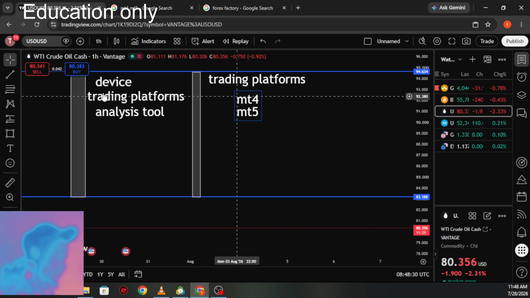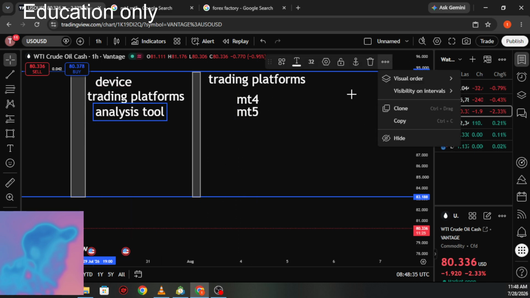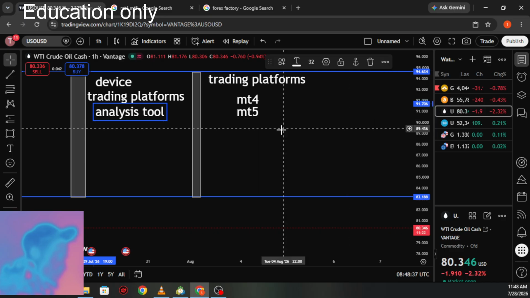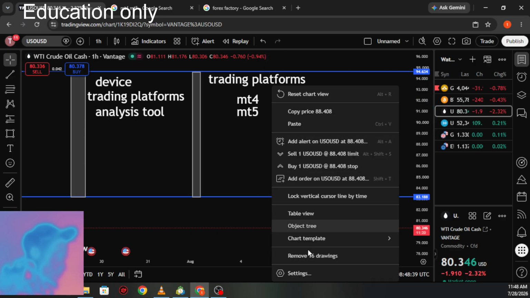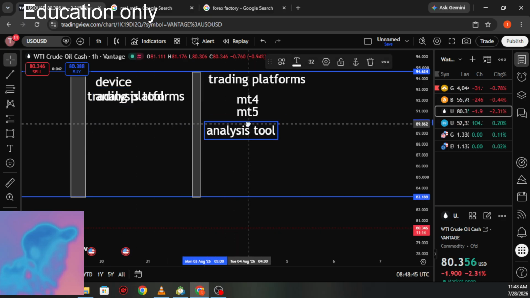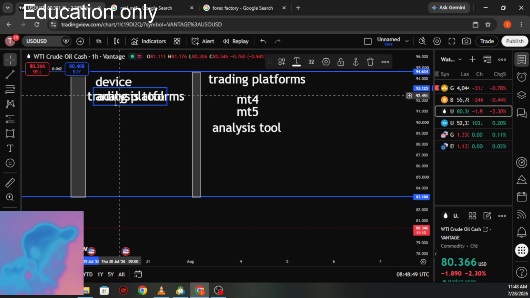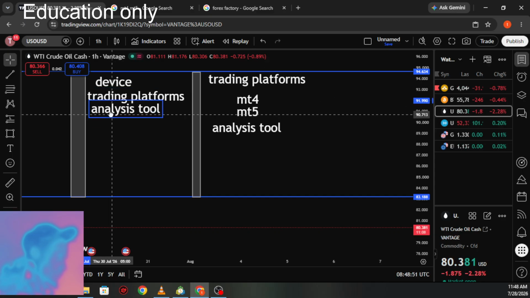So after trading platforms, we have analysis tools. Okay, analysis tools. I've carried the wrong one, but it's okay. We just drag here.